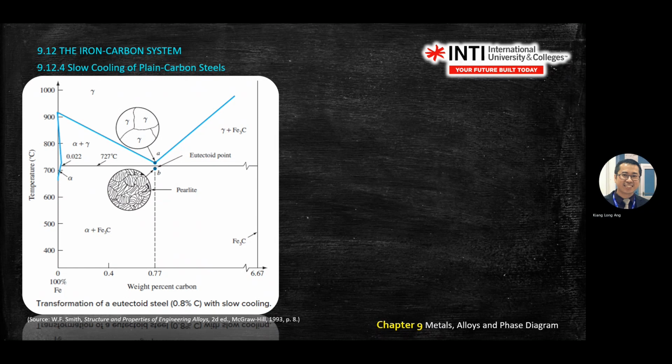Then on the other side, you have gamma plus carbon. Here there is a very, very small portion where you can get 100% alpha. And as you drop the temperature further, you get alpha plus carbon, Fe3C.